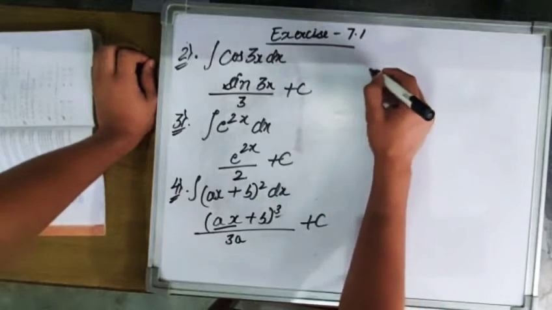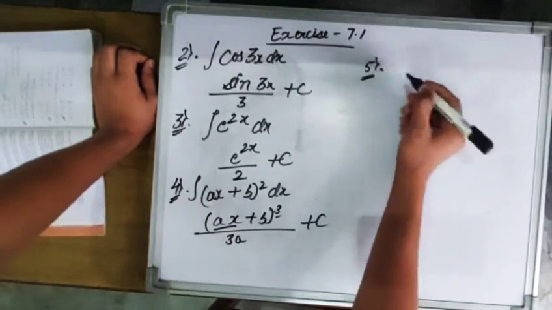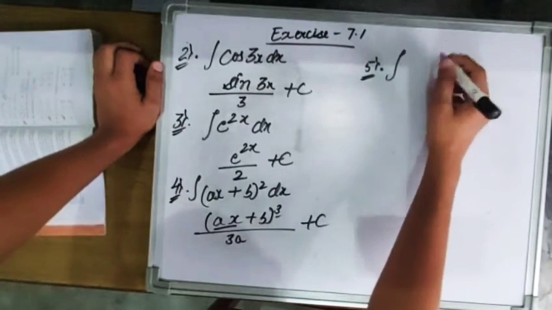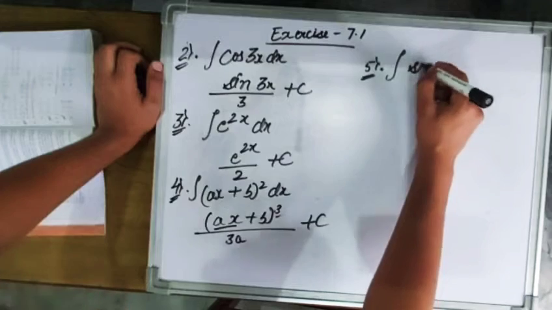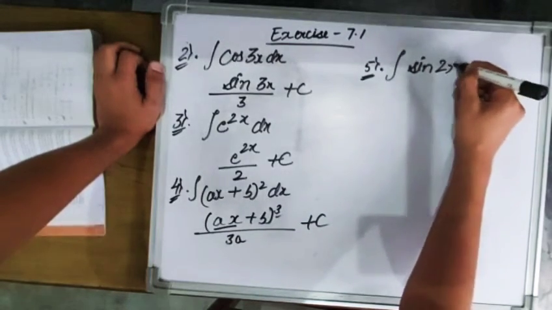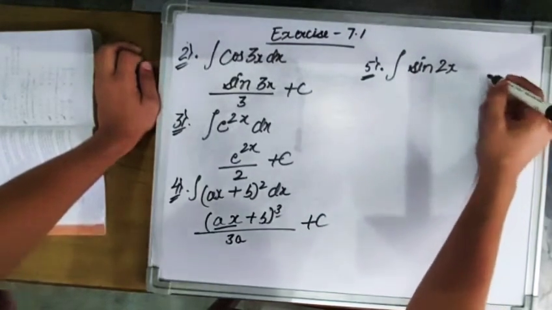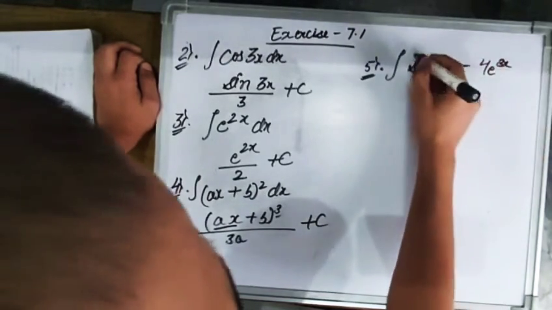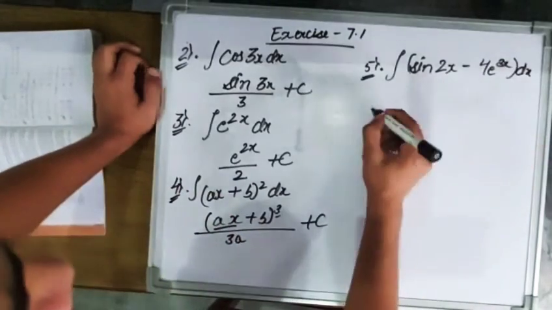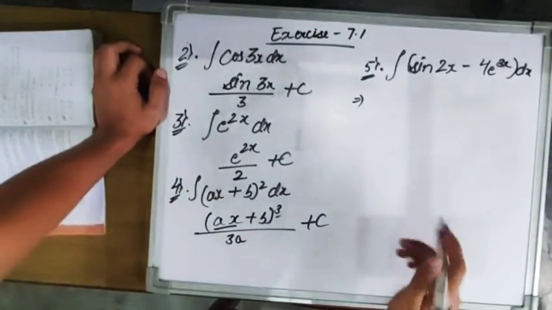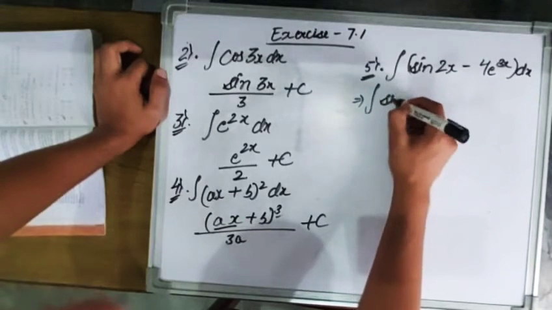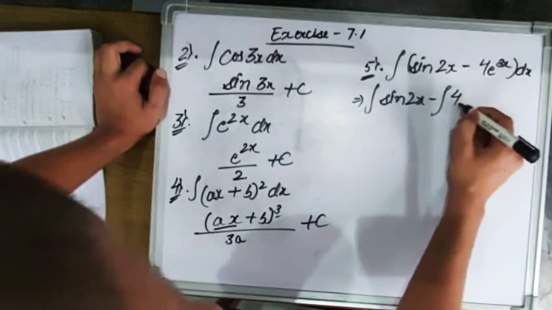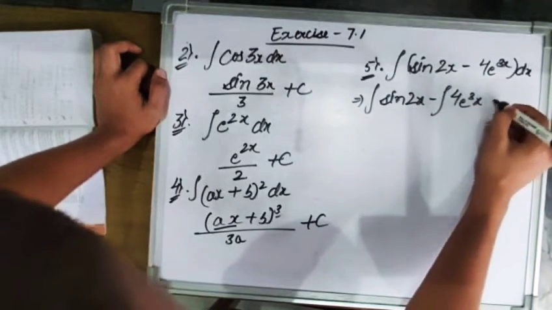Now let's come to the fifth question. The fifth question is quite simple. We need to find the integral of sine 2x minus 4 e raised to power 3x dx. Simply in this question we can do integration like this: integral of sine 2x minus integral of 4 e raised to 3x dx.